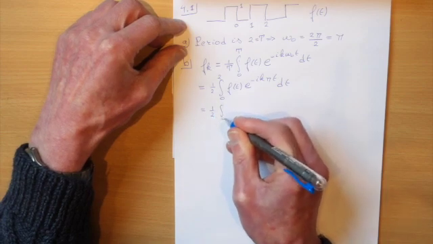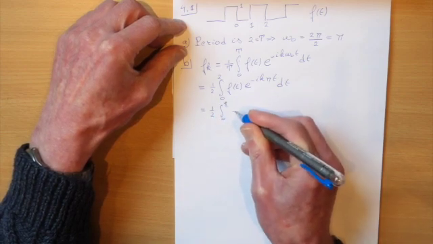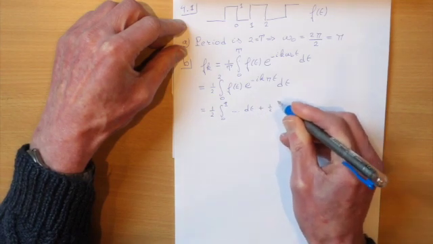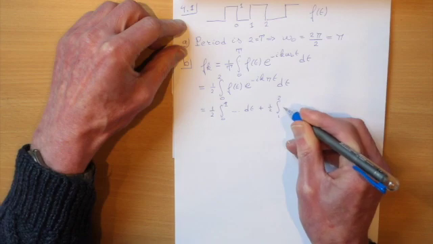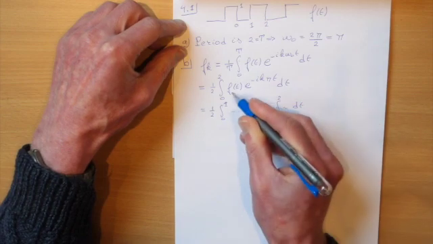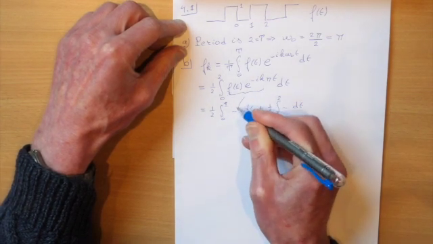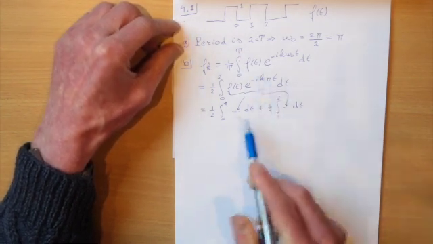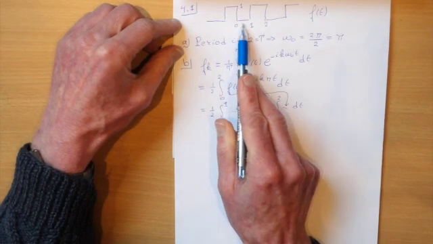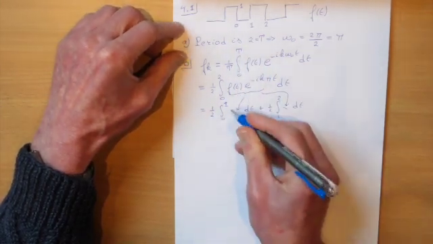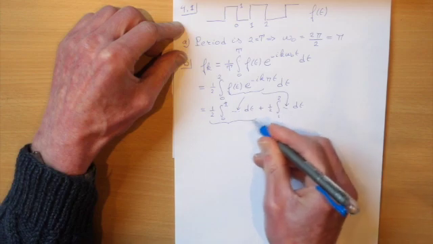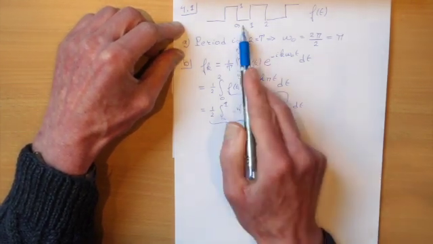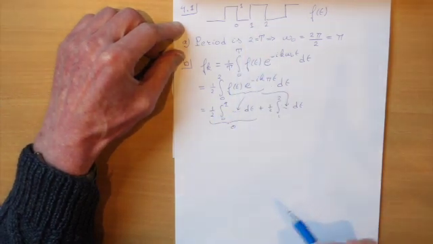We have an integral from 0 to 1 of the function dt, plus a half integral from 1 to 2 of the function dt. As we see here once more, this function is 0 on the first part, so this integral will be 0, because I'm integrating from 0 to 1 over a function which is identically 0.